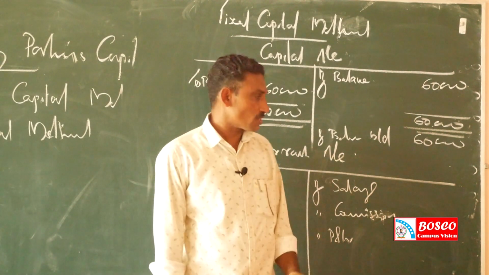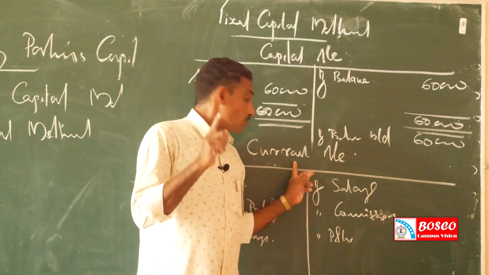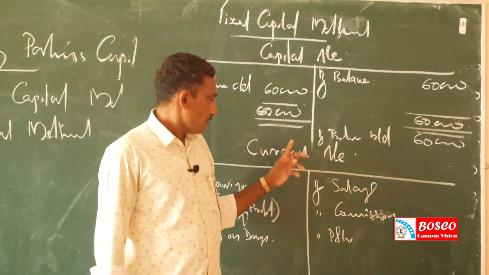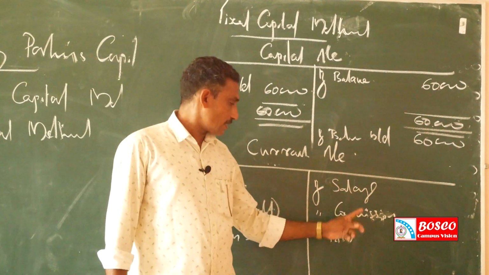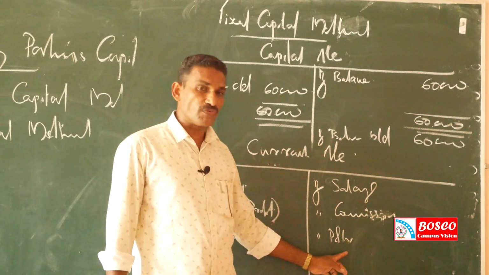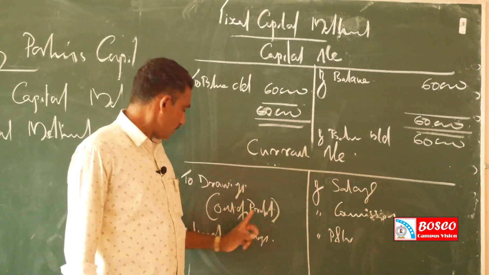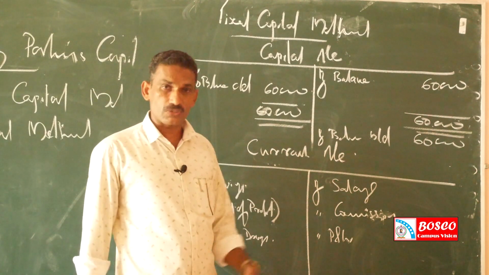Then we will draw one more account, that is current account. All other adjustments relating to salary, commission, share of profit, drawings out of profit, then interest on drawings, etc. will be made in this current account.